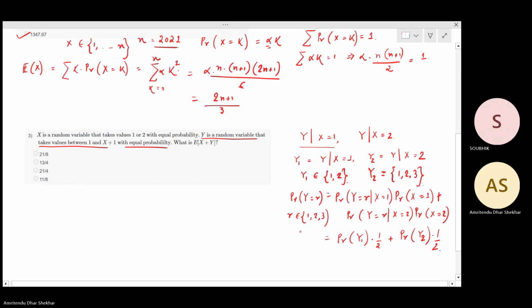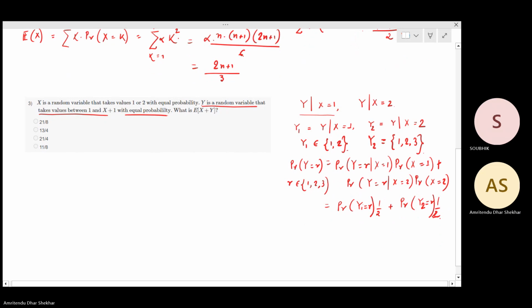So this is how the distribution of y gets computed.